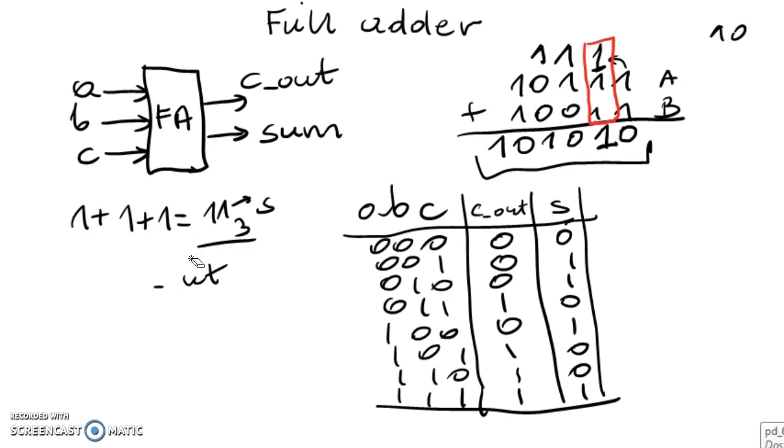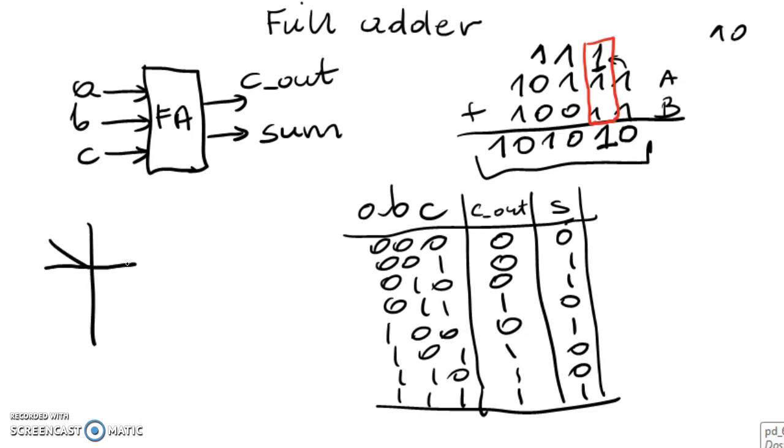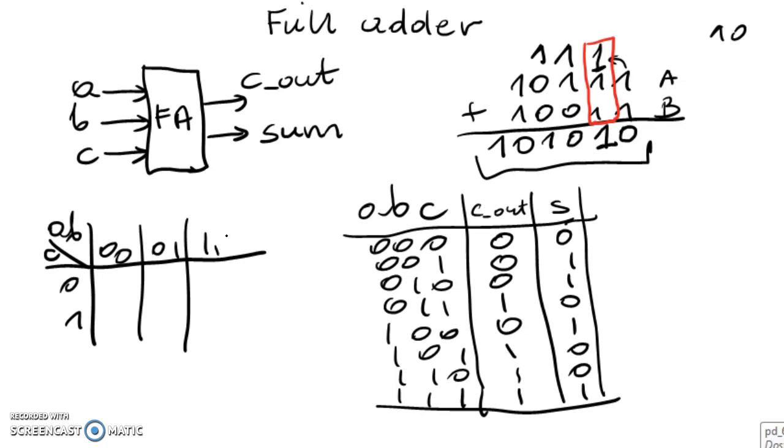Now we must minimize the function to get the overall system. AB, let's say, will be in columns and C in rows. Gray code, as you remember, I hope.